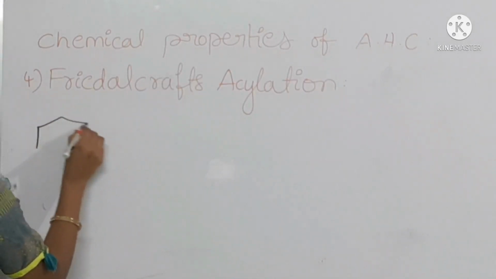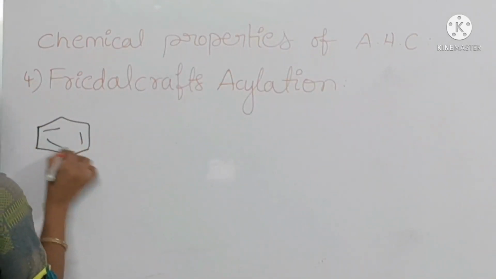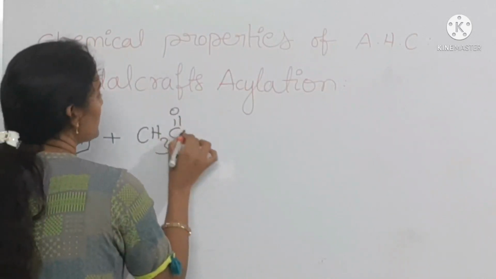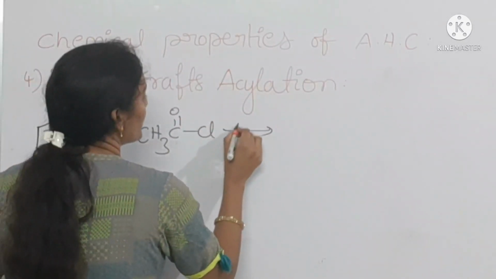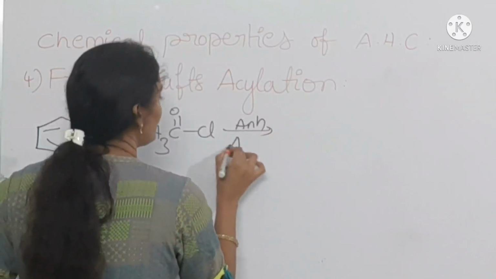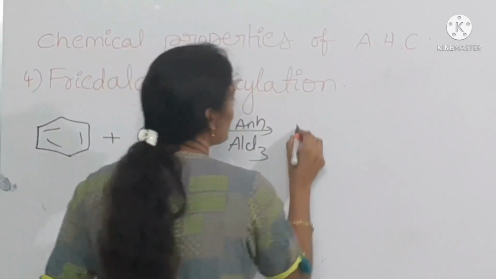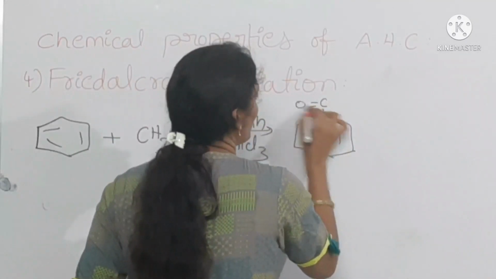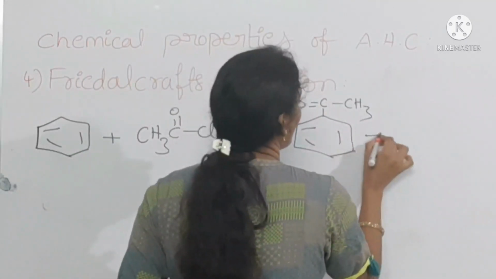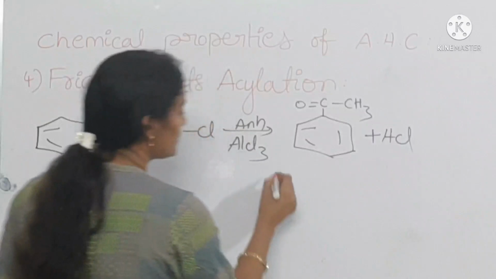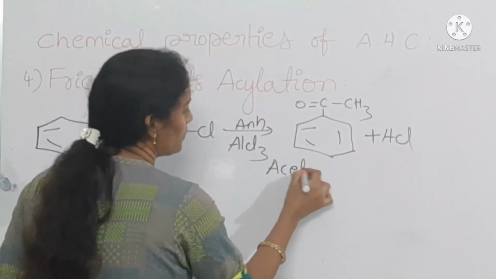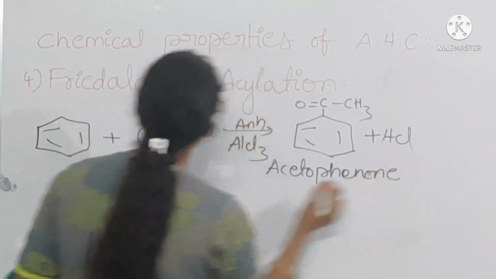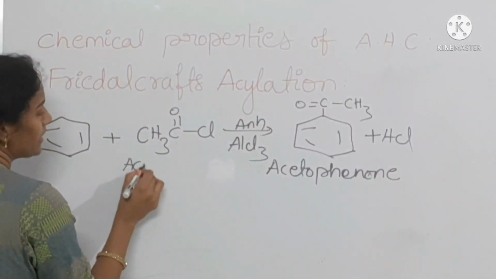This is benzene reacting with acetyl chloride, CH3COCl, in the presence of anhydrous AlCl3. What happens here? Acetophenone, C double bond O, CH3, plus HCl will be formed. This is the acetophenone, and this is the acetyl chloride.